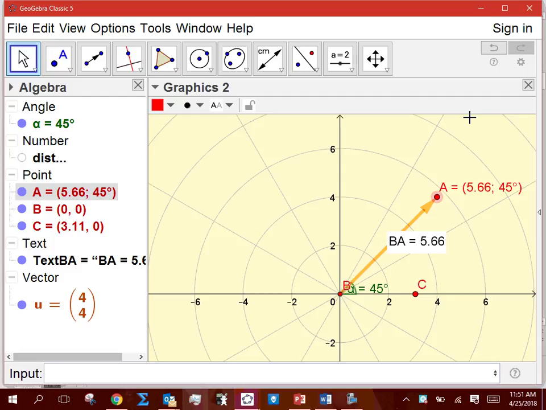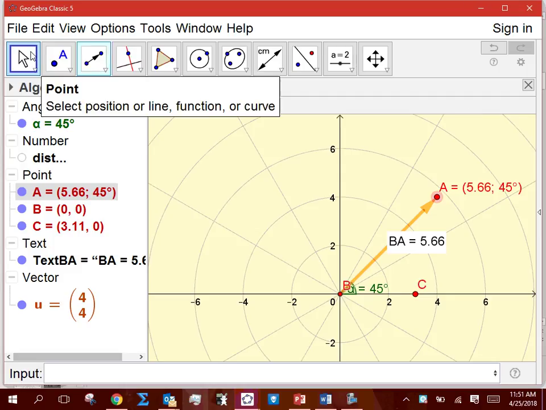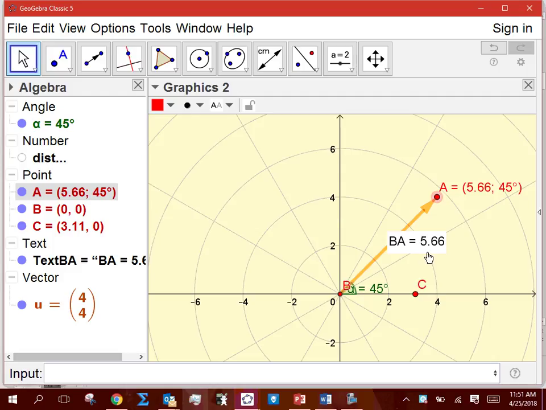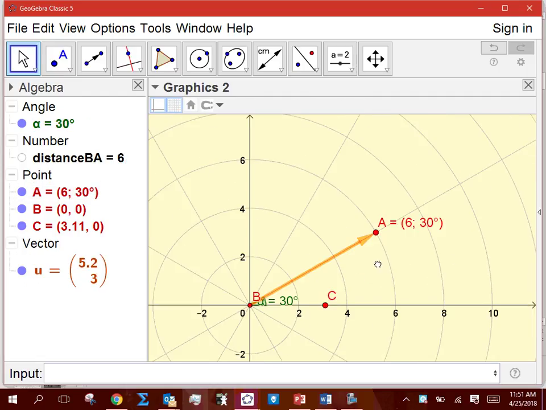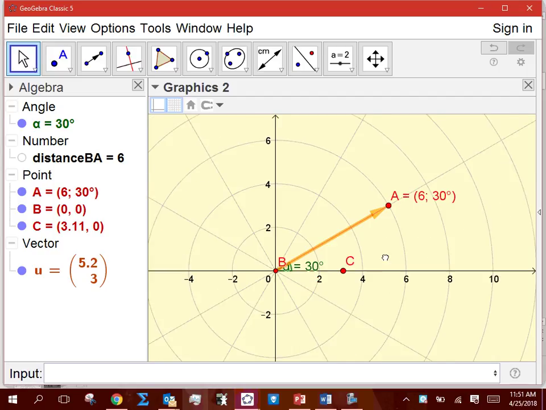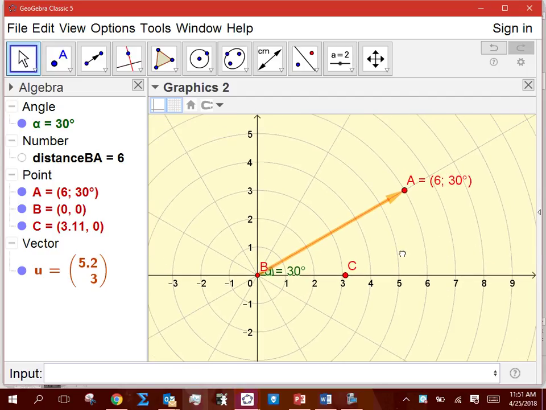Now, what is kind of nice, but also kind of bad in regards to the requirements that we have and the understanding is that I call that circle right there, that point, its location is defined by 6 comma 30 degrees, right?